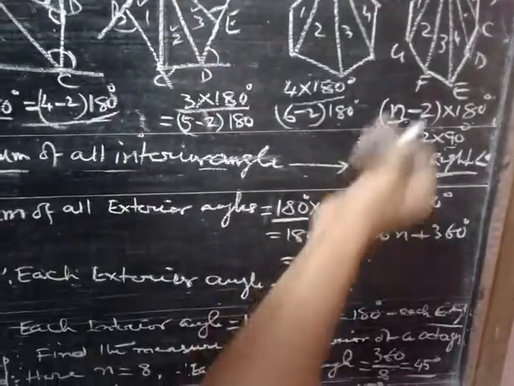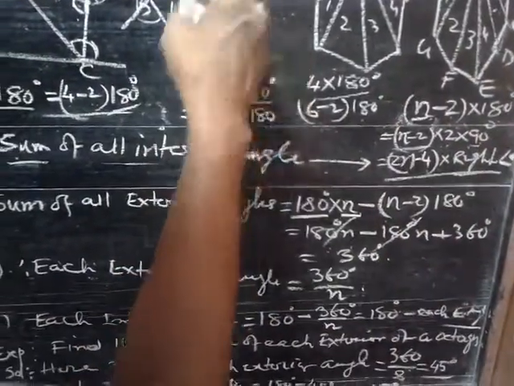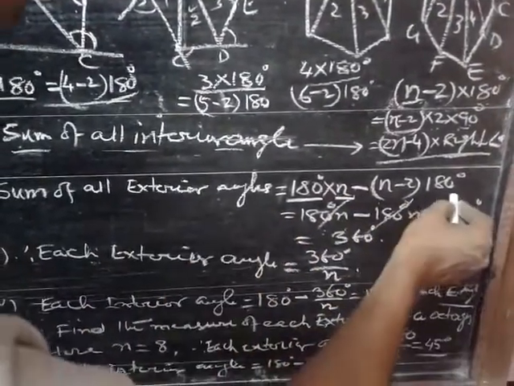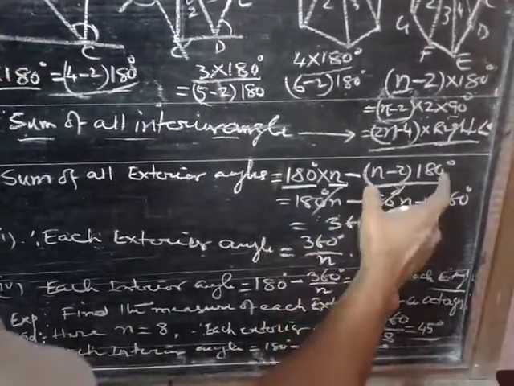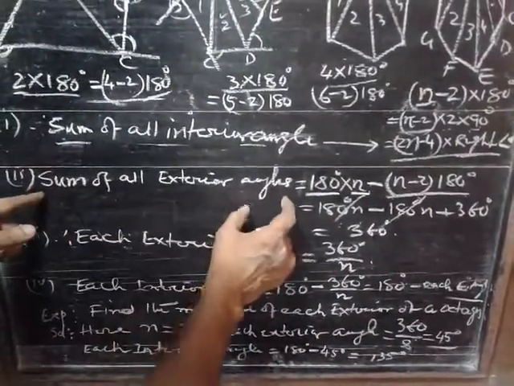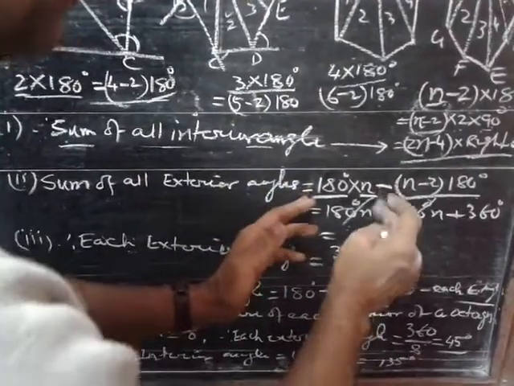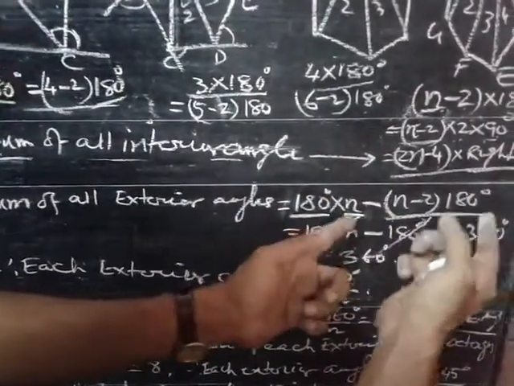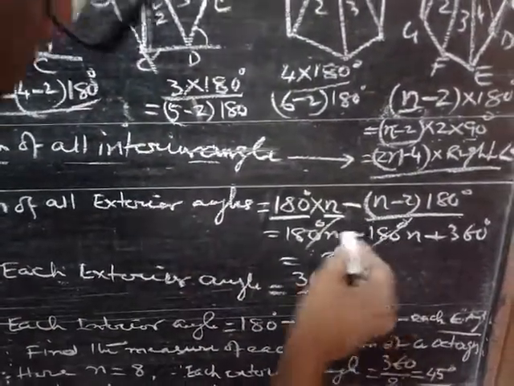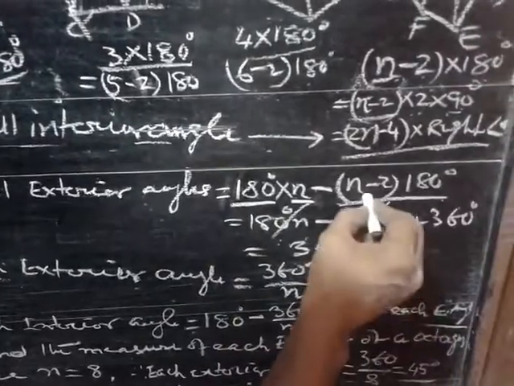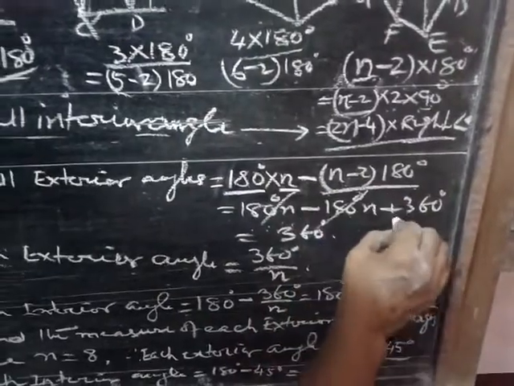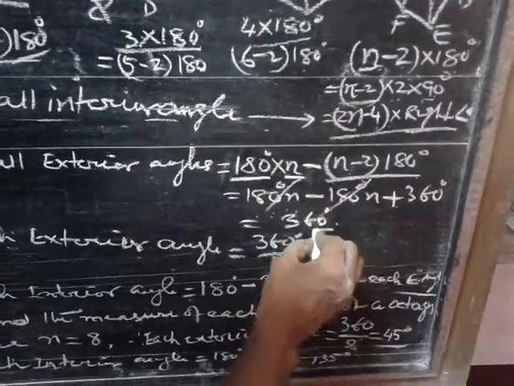So 180 into n is the total of all the angles, and from it, if you deduct the sum of all interior angles, you will get the sum of all exterior angles, because the total angle measure minus the sum of the interior angles is the sum of the exterior angles. Now I calculate this: 180 into n, minus, and minus into minus is plus, so it comes to 360 degrees.